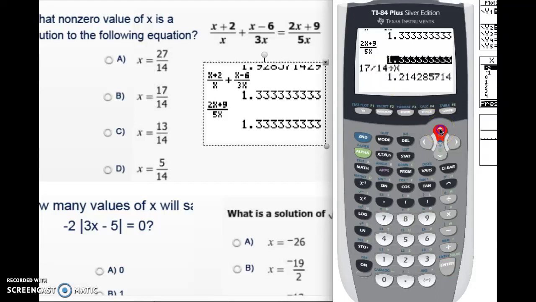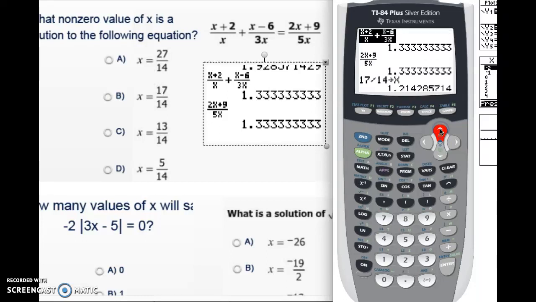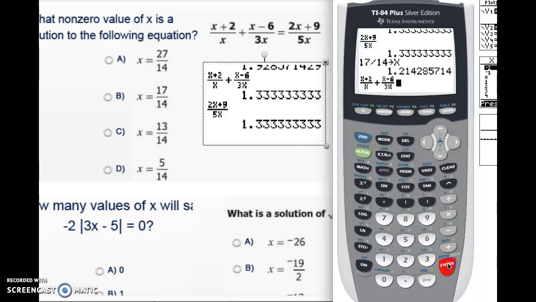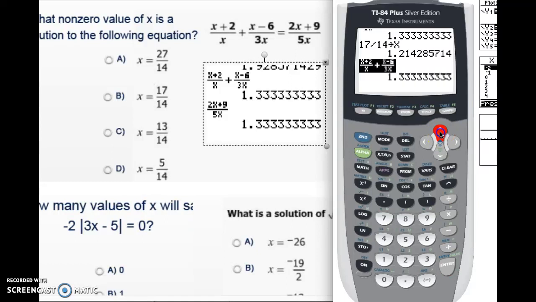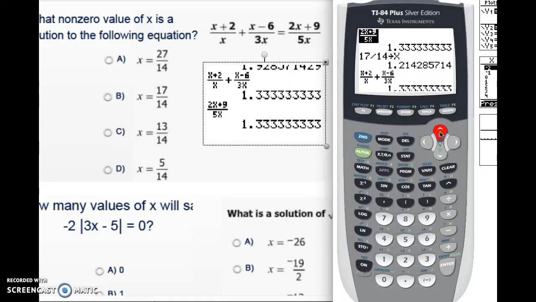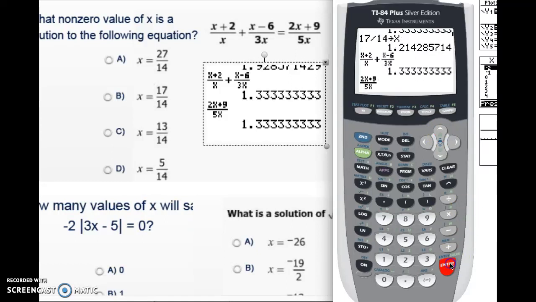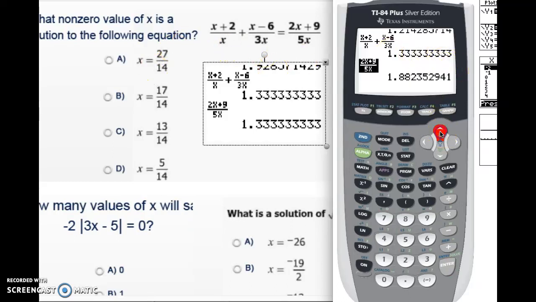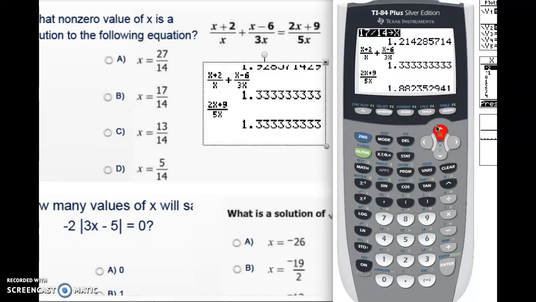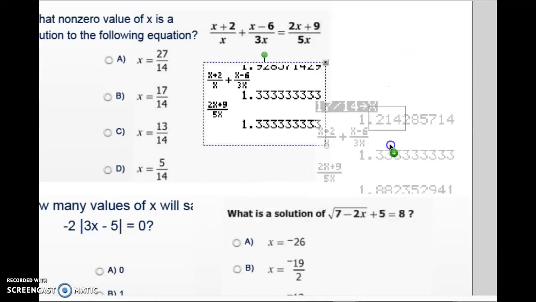So instead of retyping that whole equation, arrow up and hit enter, and then hit enter again, and your calculator has substituted the x value. Do the same thing, arrow up, hit enter, and then you'll notice here, these don't match, which just supports our point that when I plugged in 17 over 14, it didn't work.